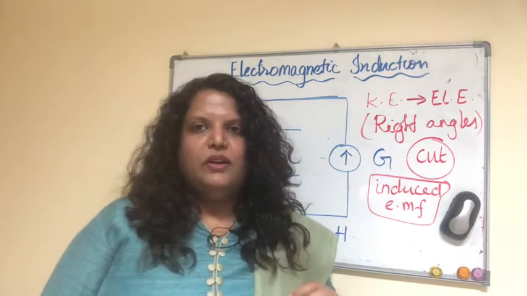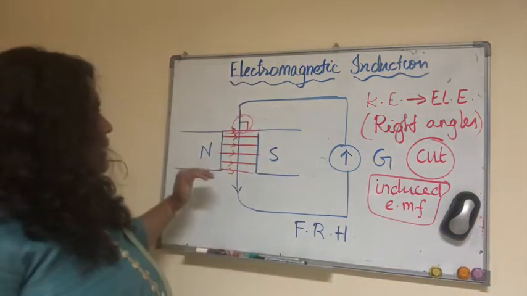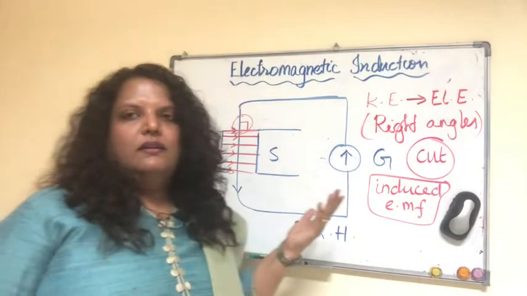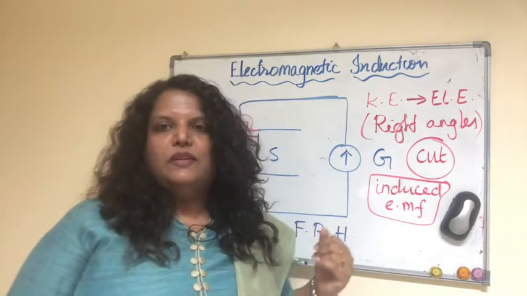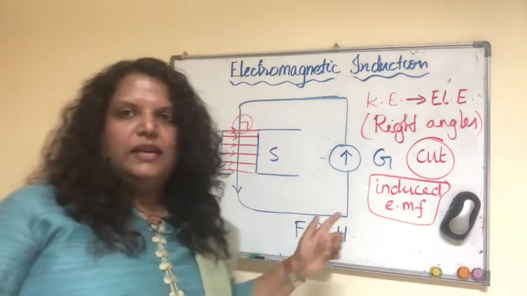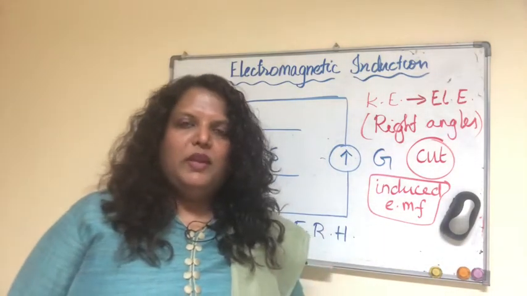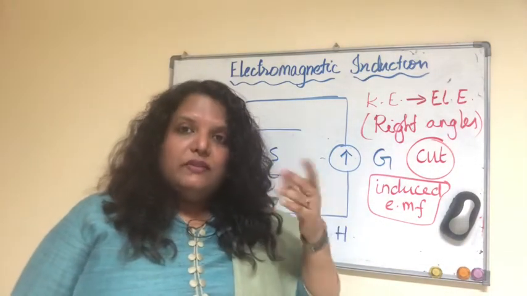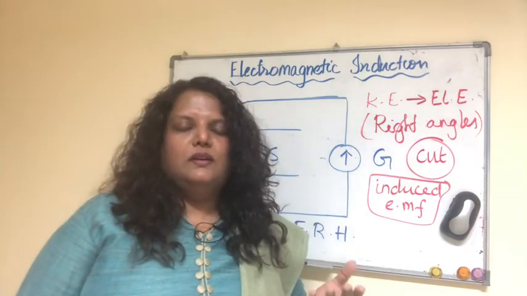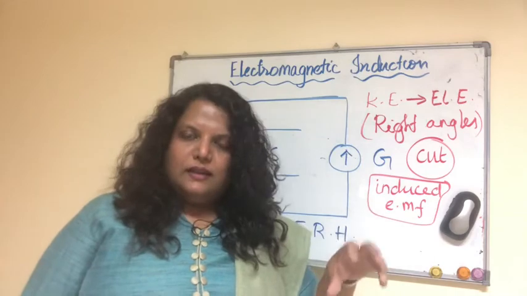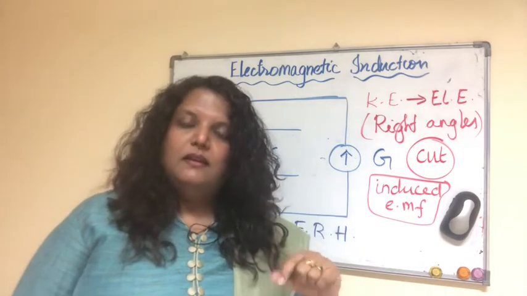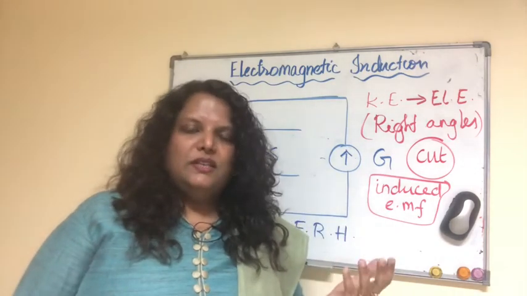A couple more pieces of information. If you reverse the direction of the movement, if you're moving it out, obviously the current will flow in the opposite direction. I don't think there will be any confusion on that. Now, sometimes in board questions they ask what if both the movement and the magnetic field direction are changed.